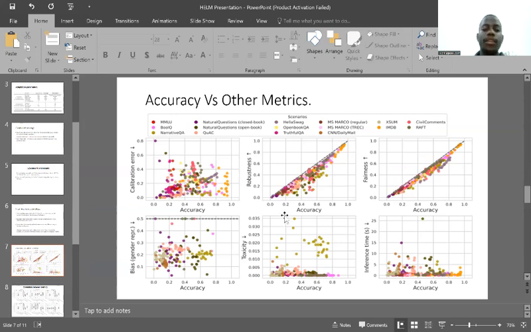And then we have robustness and accuracy, whereby we can see that there is a highly positive correlation. And then fairness and accuracy also have a good correlation, which is in the positive direction.